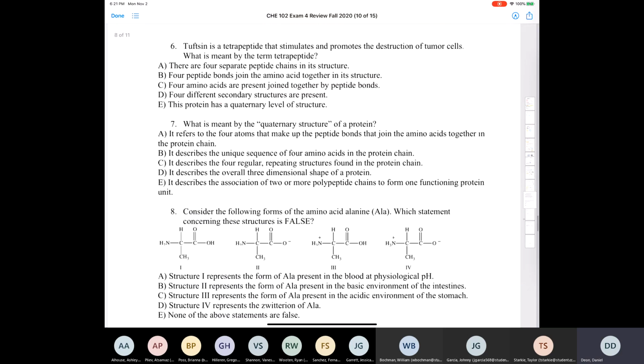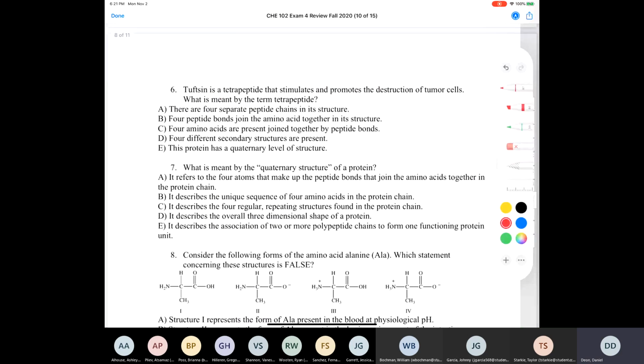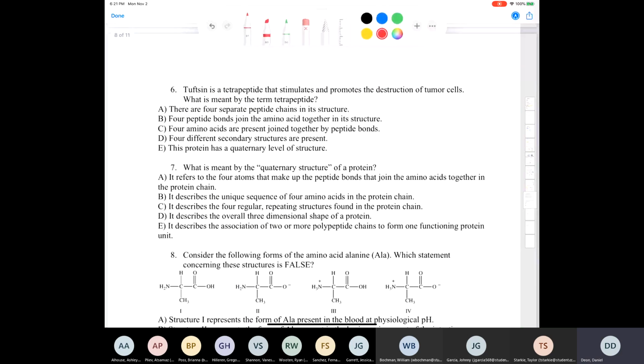Okay, number 6, tufsin is a tetrapeptide that stimulates and promotes the destruction of tumor cells. What is meant by a tetrapeptide?